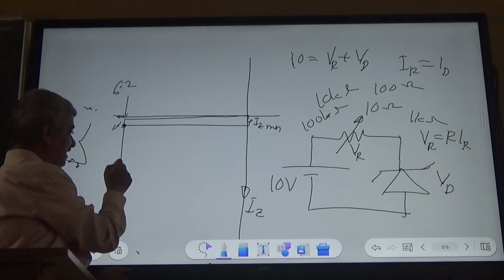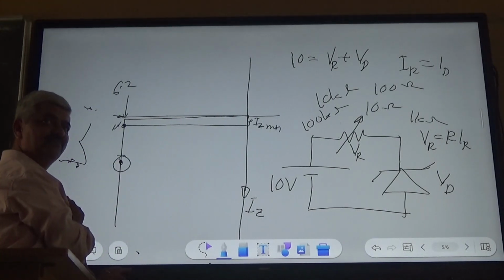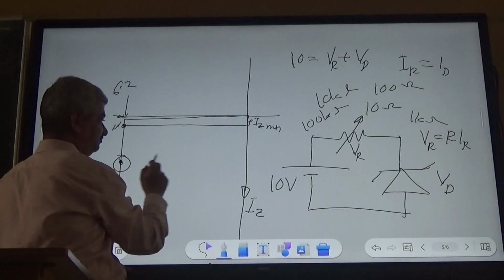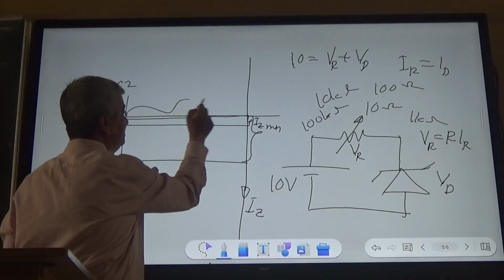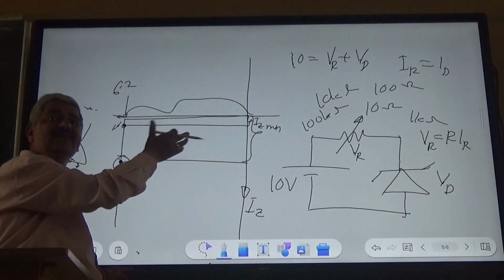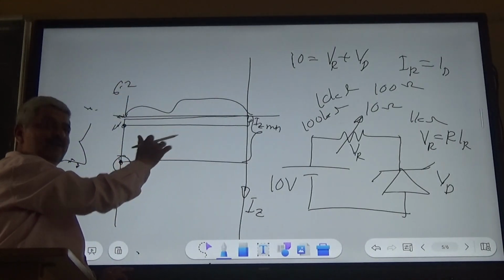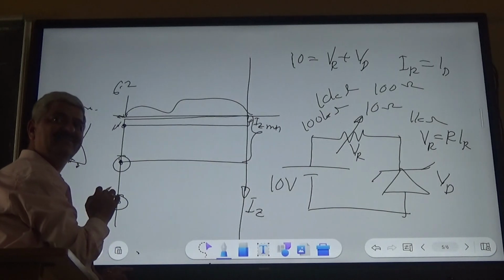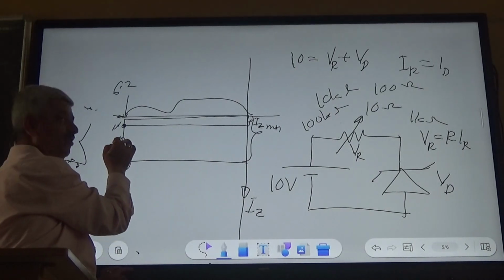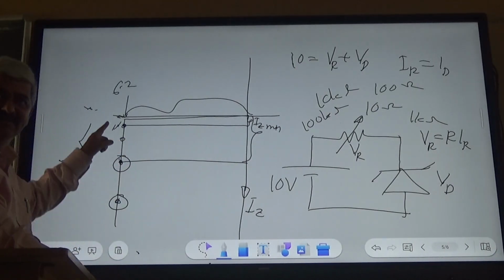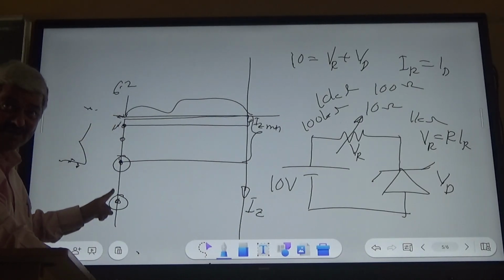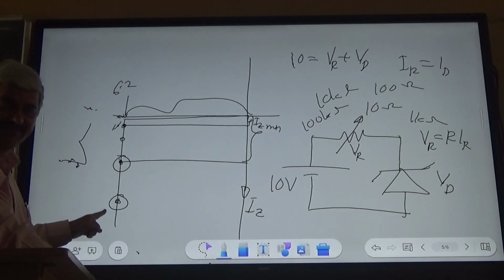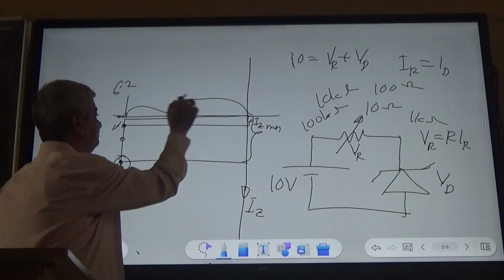So if you are operating at this point, this is current and this is voltage. So what is V by R? V by I. If you are operating at this point, is it clear? So this is almost, but not exactly, vertical.